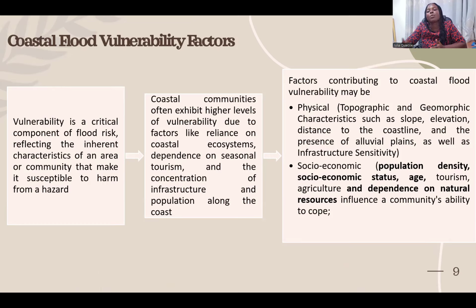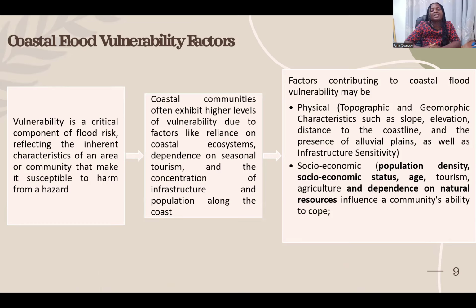One particular factor that might contribute to this difference in two communities within the same coastal zone might be the topography or the geomorphic characteristics of the slope, elevation, or even the distance to the coastline.